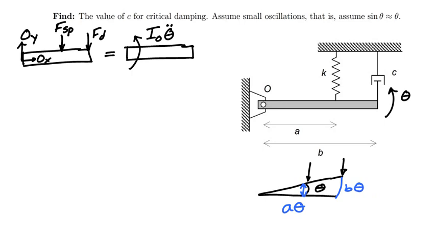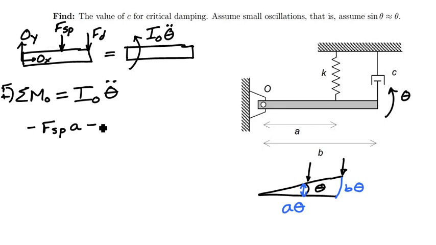What does this mean? Well, if I sum moments about point O in a counterclockwise positive sense, I know this is going to equal I about O times theta double dot. So I'm going to get minus F_SP, the spring force, times its moment arm, which is a, minus F_D times its moment arm, which is b, equals I_O times theta double dot.